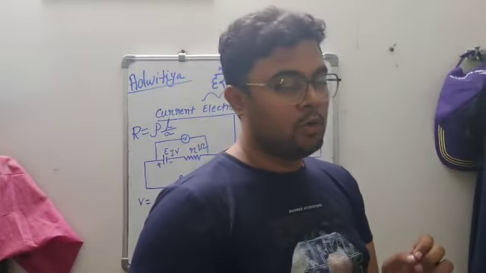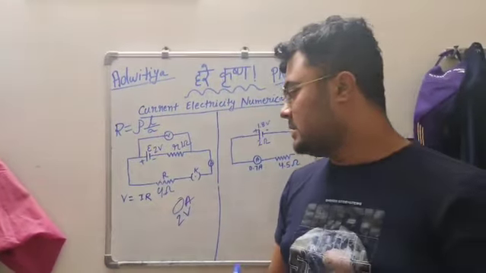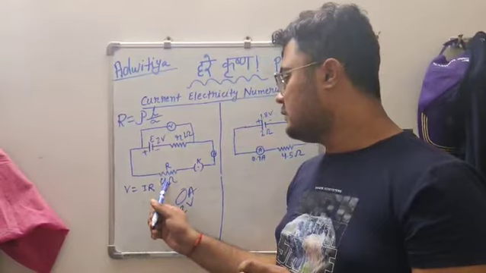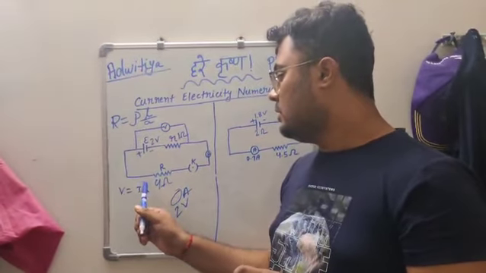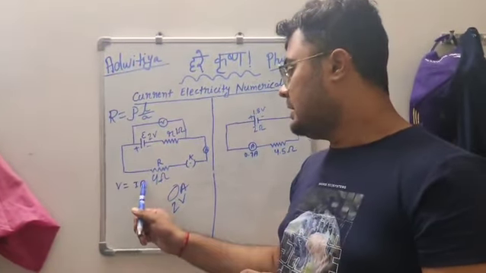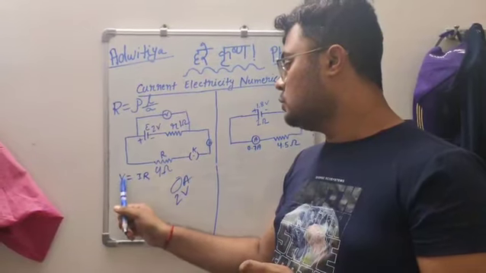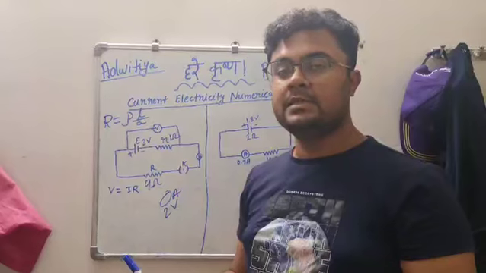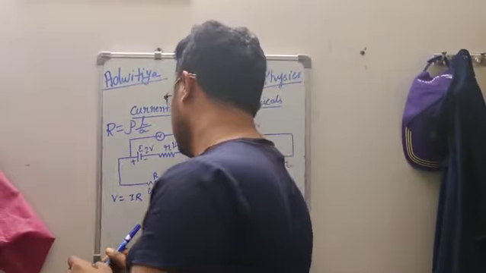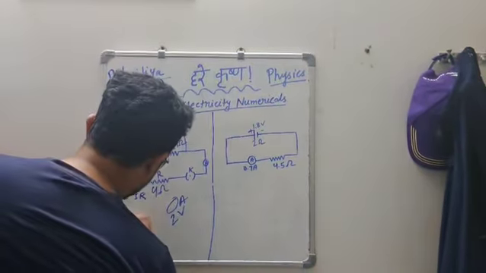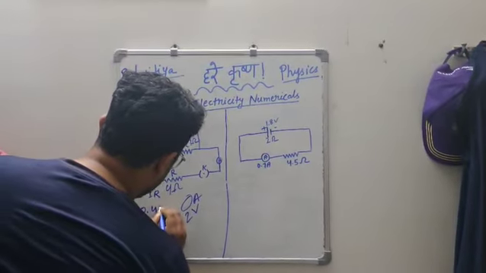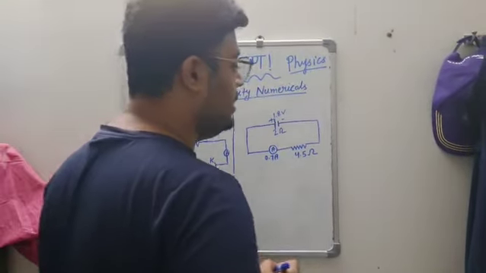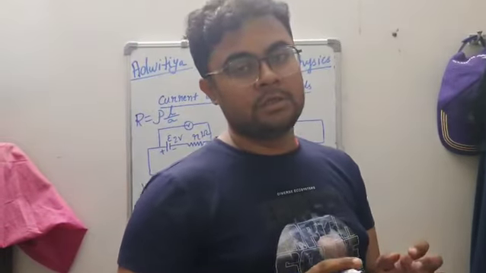What is the total resistance of the circuit? Total resistance is 4 plus 1, which is 5. So R is 5, V is 2, and I will be 2 by 5, which is 0.4. So the ammeter reading will be 0.4 ampere when the key is closed.